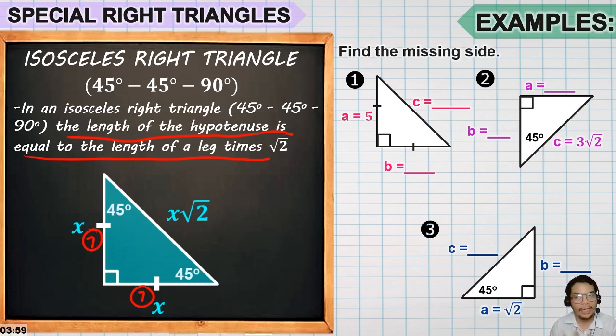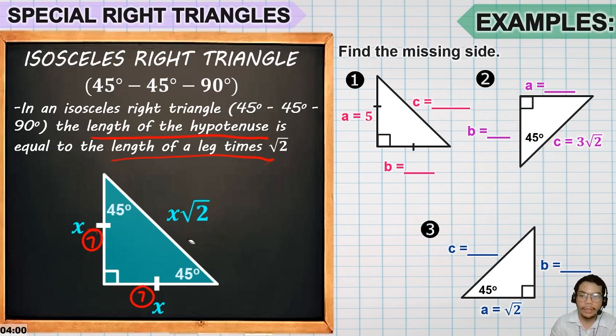Dito, hindi mo na kailangan kasi meron special properties yung mga sides ng triangle na to, especially the isosceles right triangle. Sabi yan, yung length daw ng hypotenuse, equivalent lang ito sa length ng leg times square root of 2. So, measurement of the legs will be x, and therefore, you just multiply square root of 2 from it, you'll get x square root of 2.